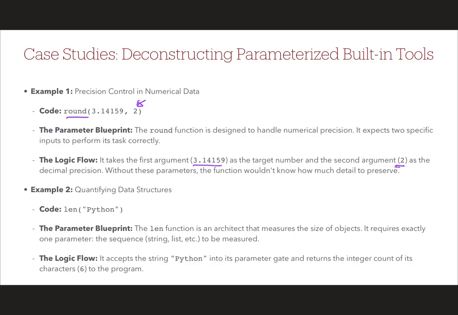In case of the len function, you need to call the len function with one variable, not two, right? So that means the len function was defined with only one placeholder, one parameter inside the parentheses. So whenever this len function is called, I need to provide one value, one variable.